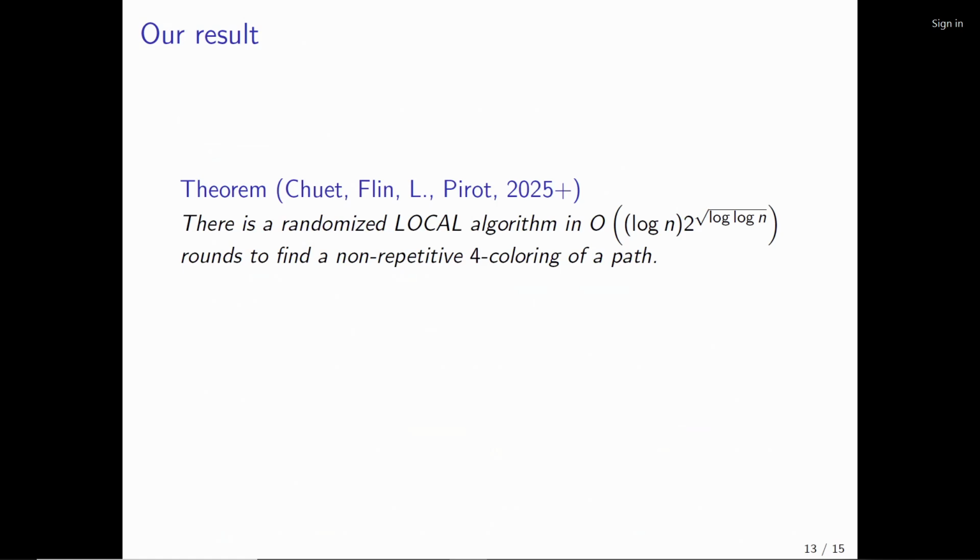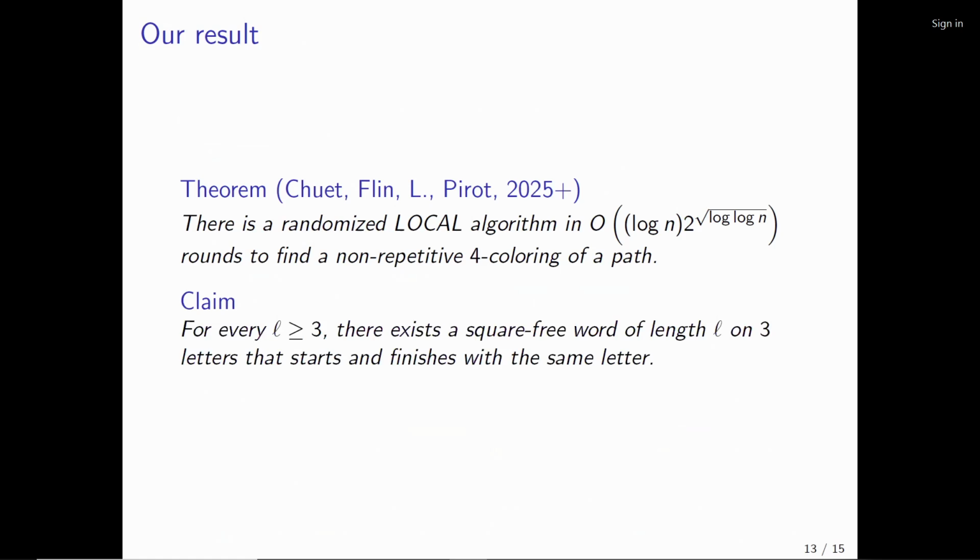We also have some other results, but this is still an ongoing project, so I'm not going to talk about them. Now I'm going to show you this, but maybe first let me claim something. This part is not really interesting, so let's just assume that we can construct square-free words that also start and end with the same letter.